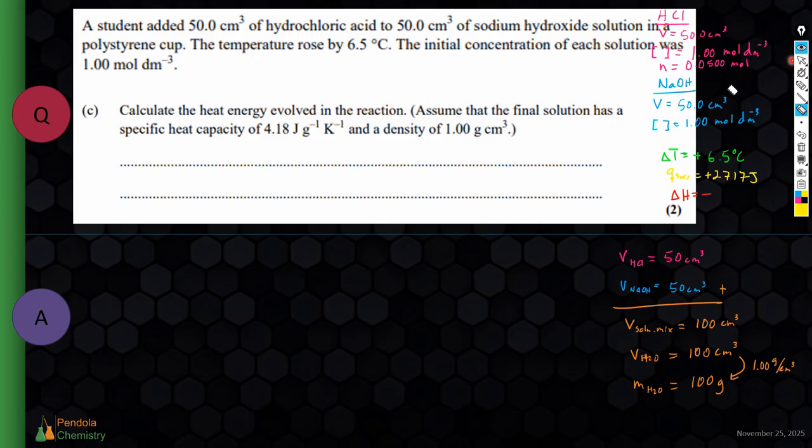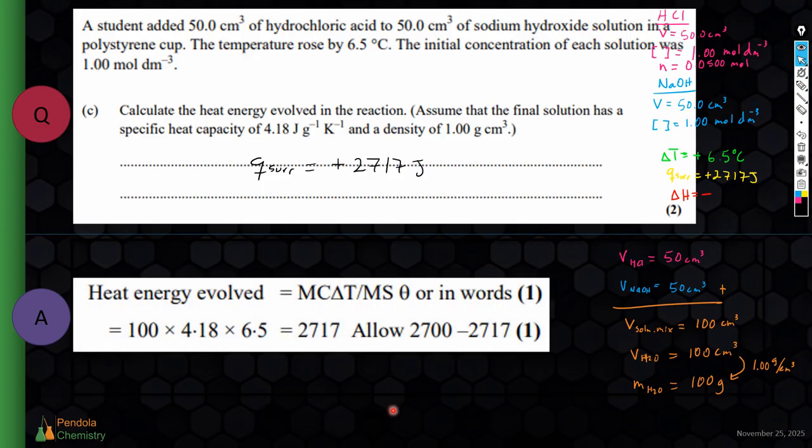Then the answer to that is just going to be the Q of the surroundings, which is equal to positive 2717 joules.